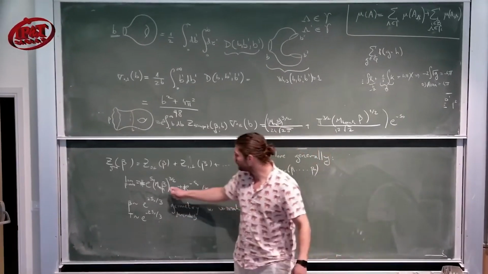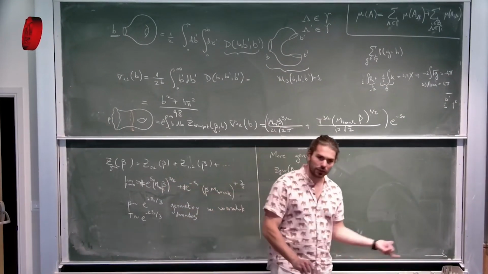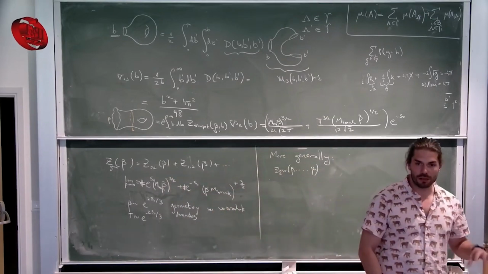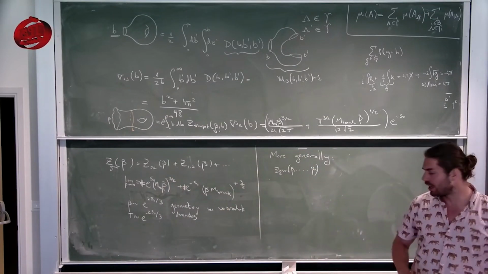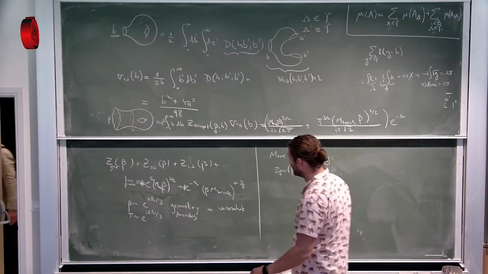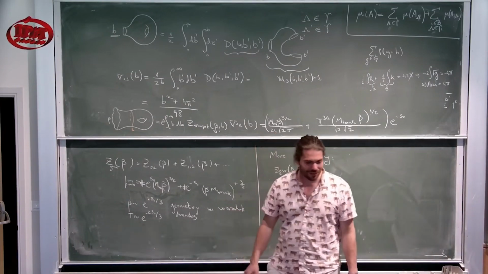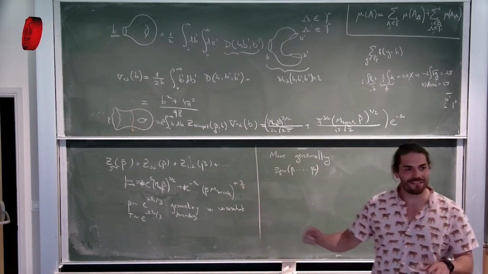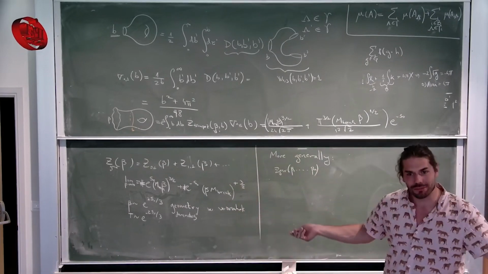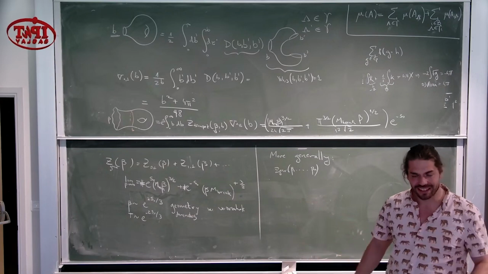The reason why this went like beta to the minus 3 halves was because of the inverse Laplace transform of beta to the minus 3 halves. Okay, I won't embarrass myself computing the inverse Laplace transform of that function, but it blows up. Does it grow also at large E?